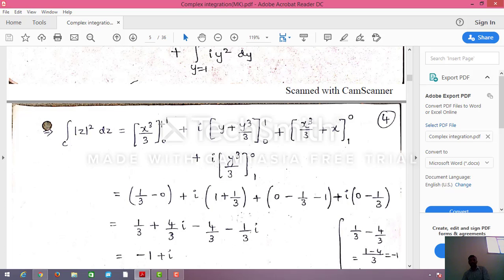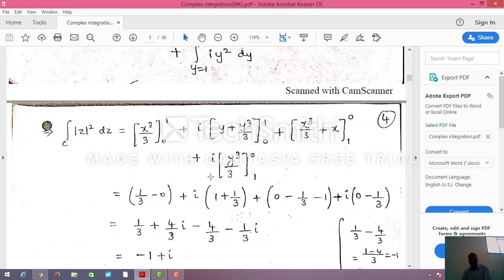If you apply the limits, see here 1 by 3 minus lower limit 0, plus i into 1 plus 1 by 3. Here also if you apply the upper limit it should be 0, and the lower limit minus of 1 by 3. This one should be 1. So if you multiply the overall limit minus, you will get minus 1 by 3 minus 1.